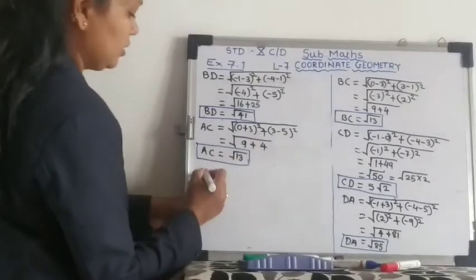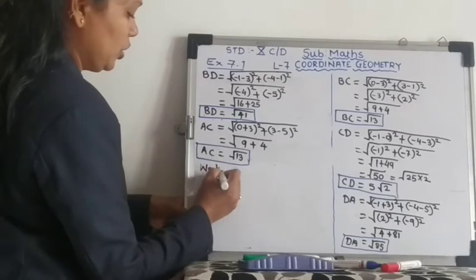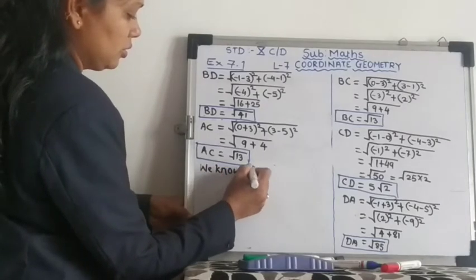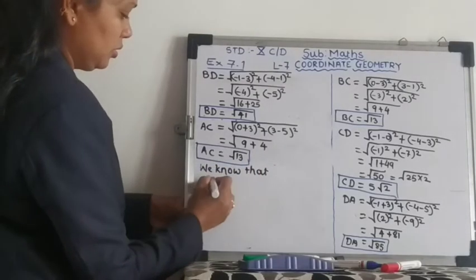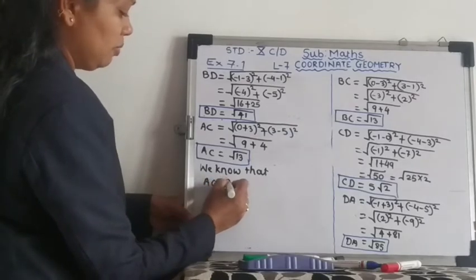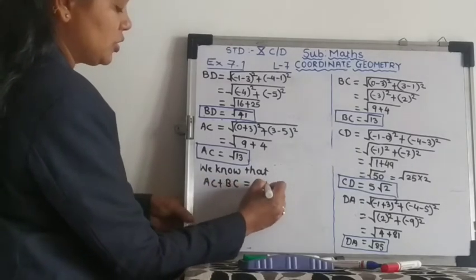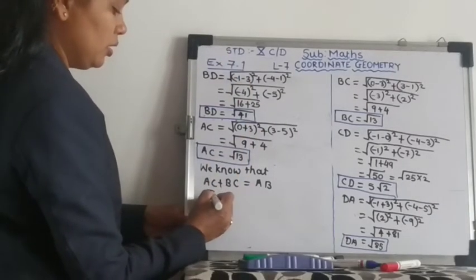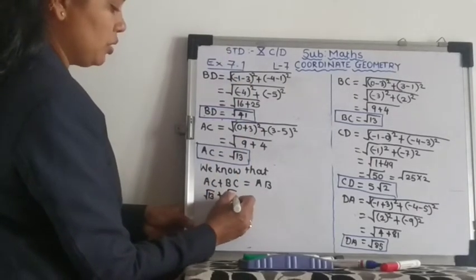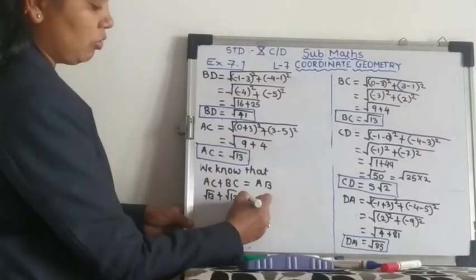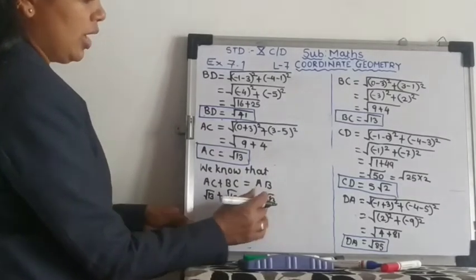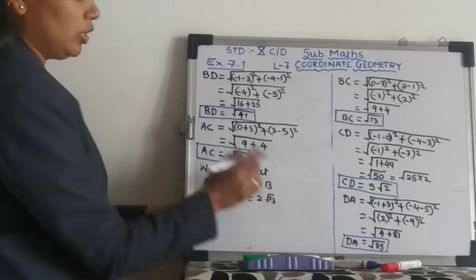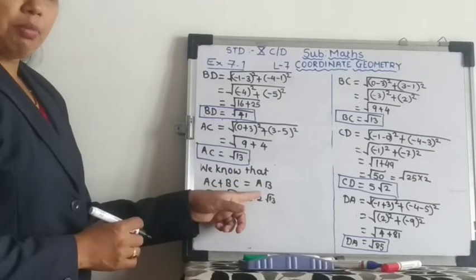Here we will write, we know that AC plus BC is equal to AB. Why? Because if we add root 13 plus root 13, we will get 2 root 13. And this answer only we got for AB. Right?